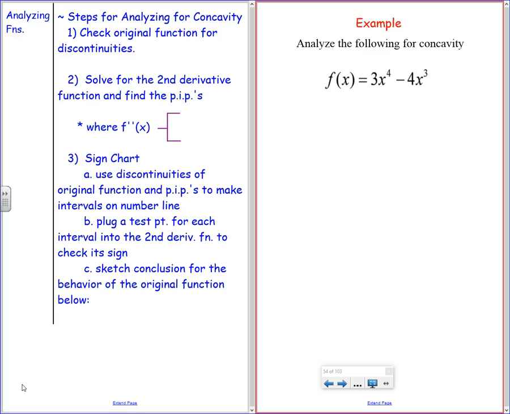Find the first and second derivative. It should be easy, right? It's a power rule. Go to the example, first, second derivative, and then start looking at the steps. Step number 1, domain, all real numbers, no big deal. Step number 2, find the second derivative. Okay, find the first, then find the second.